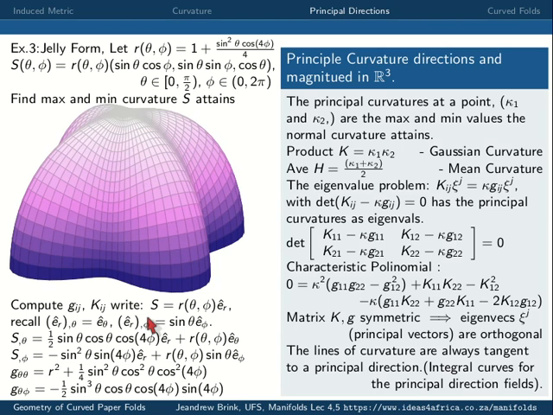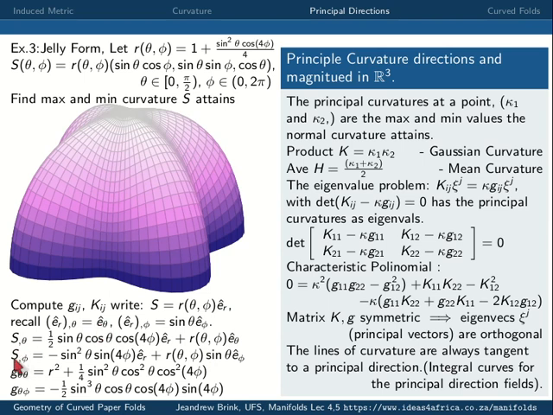So if you now want to work out, for example, S comma theta, here I actually put in the R, but I've since discovered that it's better not to. What you do is simply the product rule. You take R's derivative with respect to theta times ER, plus R times ER's derivative with respect to theta, and you just substitute this in.